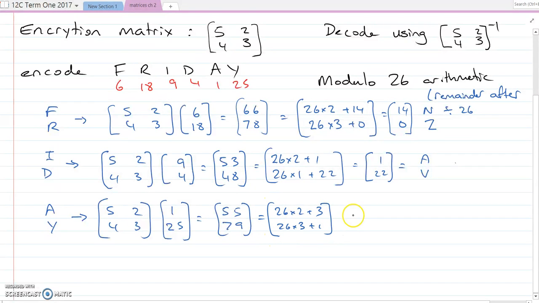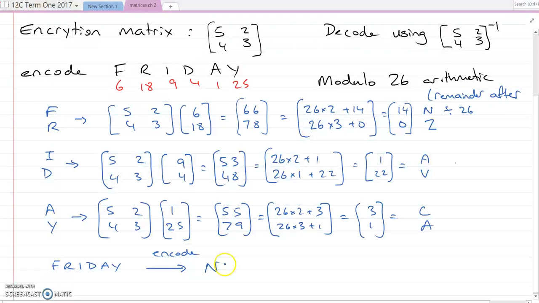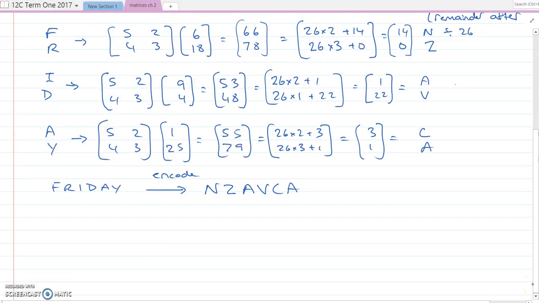So modulo 26, 3 and 1, which is CA. So Friday encoded gives us NZAVCA.